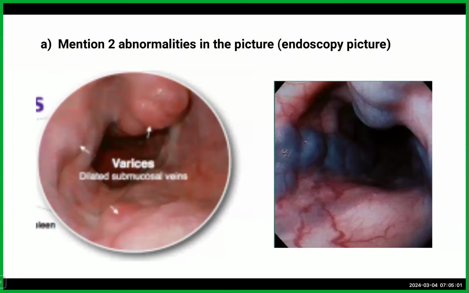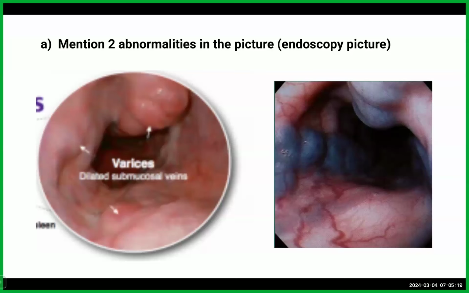In an attempt to answer question A, no picture was given. However, I just came up with some endoscopic pictures to look at. Possibly we'll have more input from our colleagues in gastro.